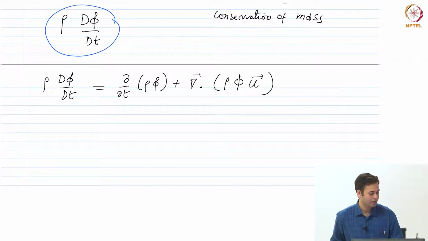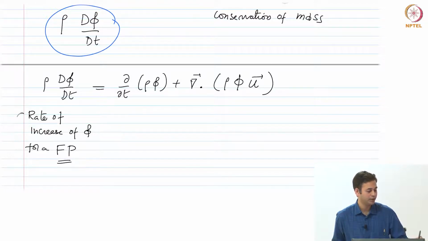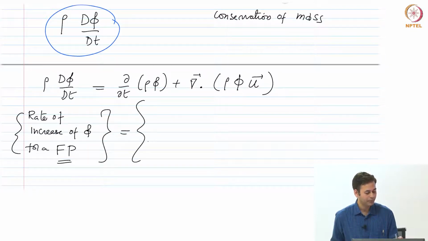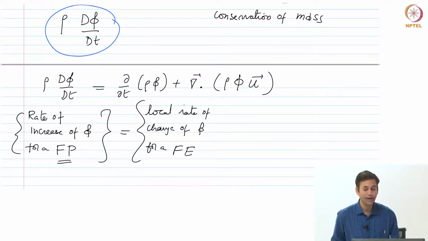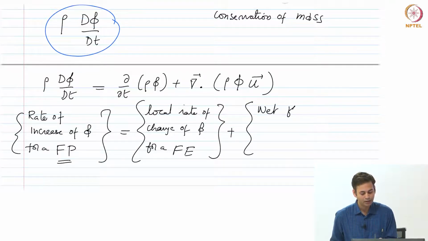So, this is rate of increase of phi for a fluid particle, I am writing Fp, okay, as we follow the fluid particle, equals the local rate of change of phi for a fluid element, which is Fe, plus the net flow rate of phi out of the fluid element.